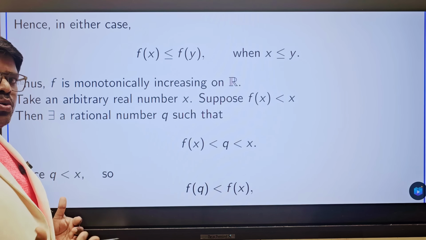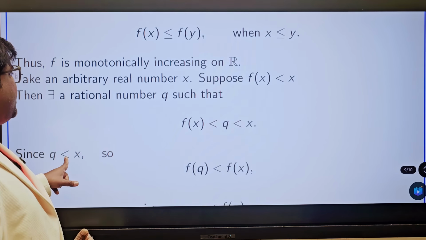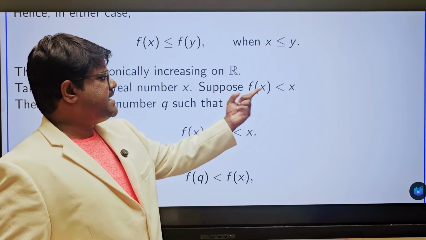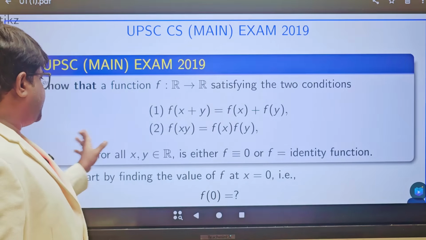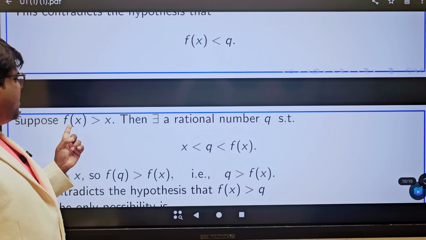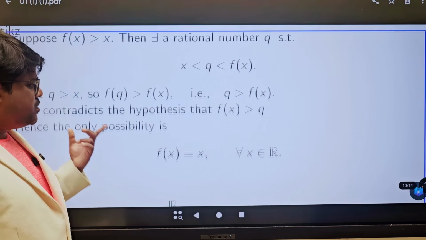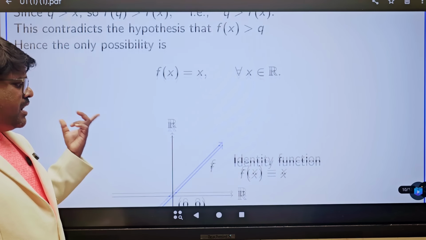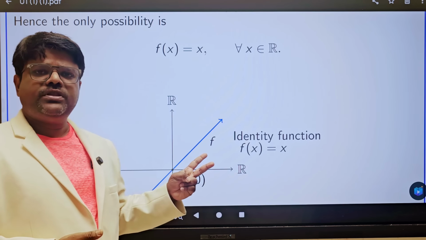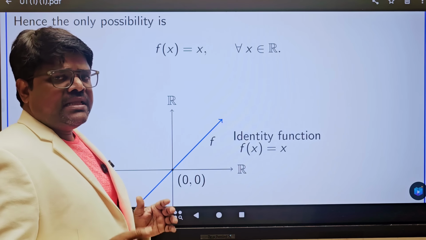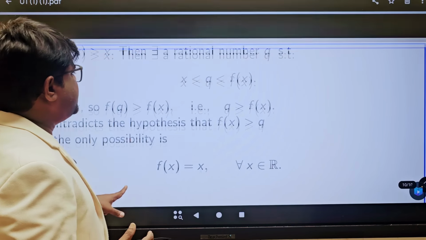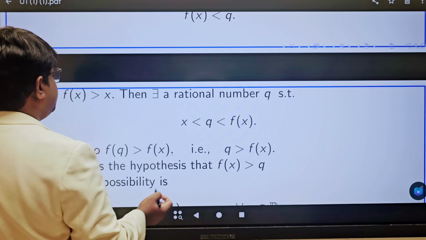After that, we took two cases. In the first case, suppose f of x is less than x, we got a contradictory result. After that, we took f of x greater than x, and then also we got a contradiction. Since in both cases we got a contradiction, the only option is that f of x equals x.